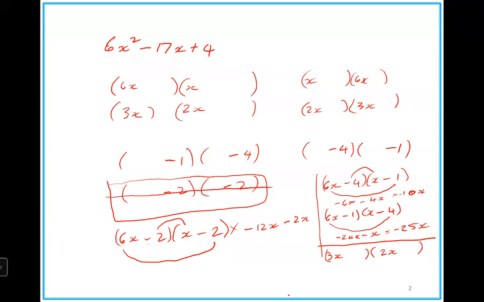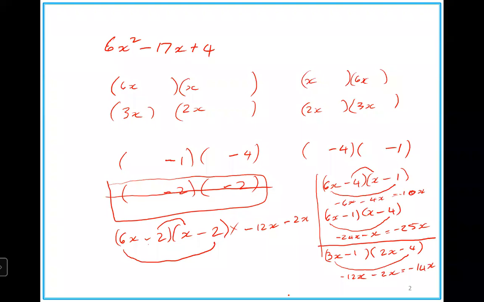And let's see, we're going to try with -1 and -4. Let's try that. So we multiply this. 3 4s are 12, so that's -12x. And 2 times 1 is 2, -2x. That gives you -14x. So that's not what we want.